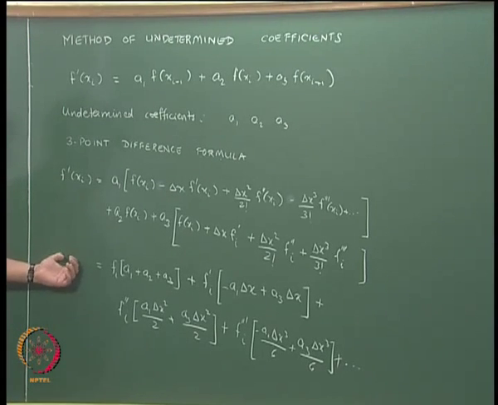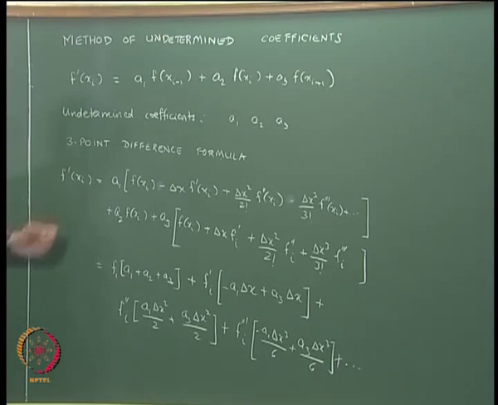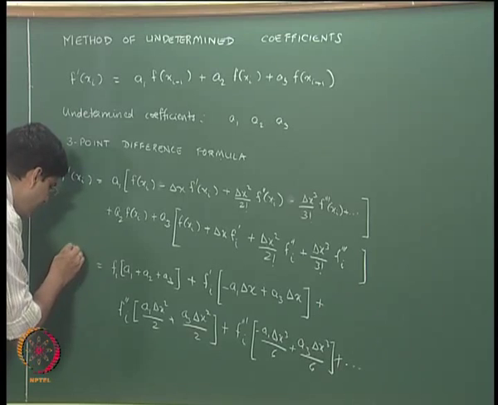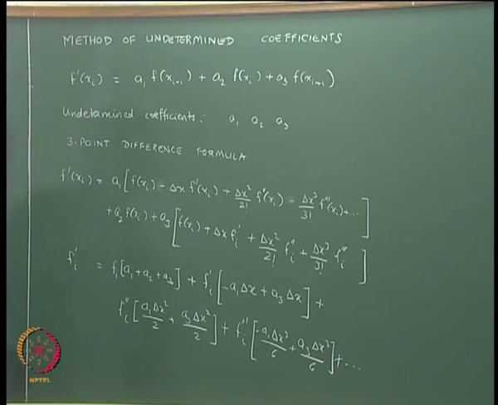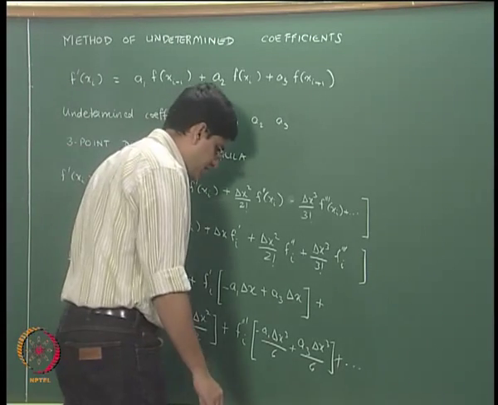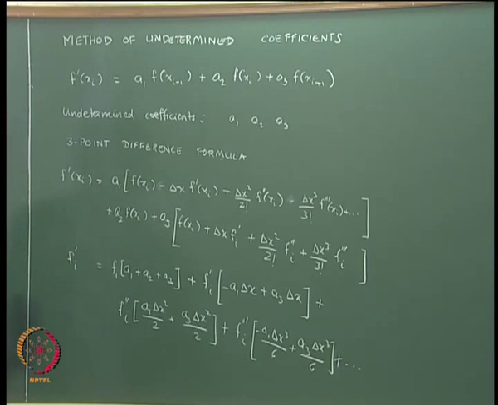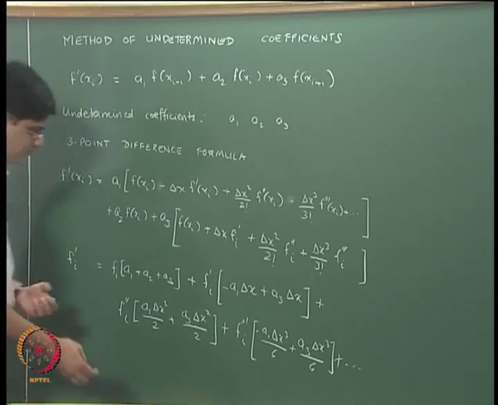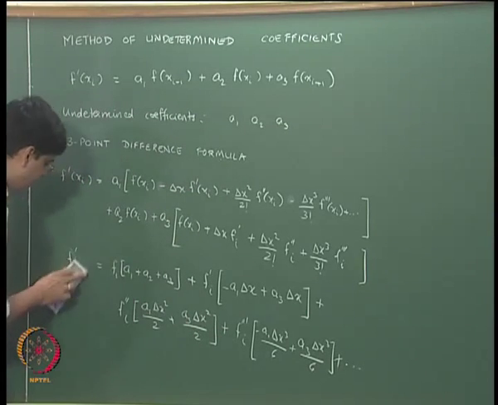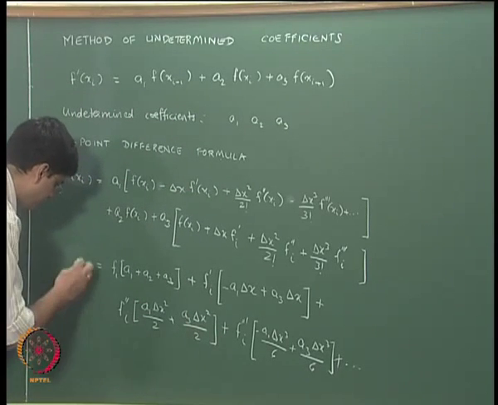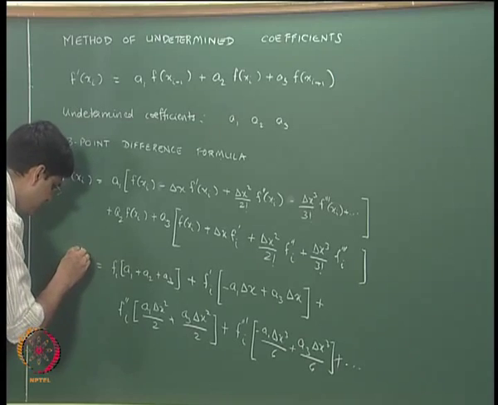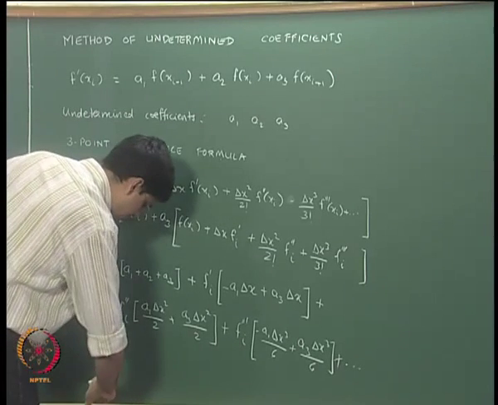So now what we have on the left hand side is an f dash of i term, and on the right hand side we have terms in f of i, f dash of i, f double dash of i, and so on and so forth. Okay. So we will identify each individual term with different colors.